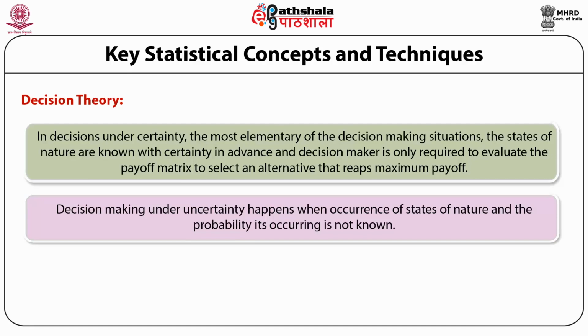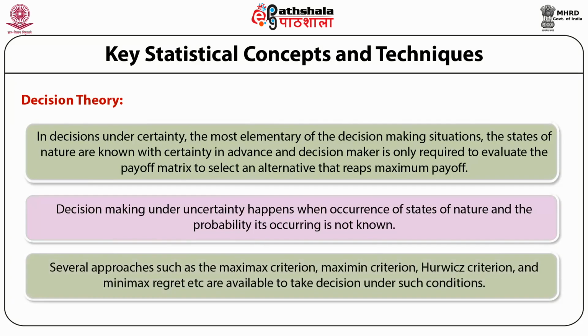So largely on hunch and experience people take this kind of decision, whereas in decision under risk, which means partial uncertainty, managers may have tentative probabilities assigned to the outcomes and their respective payoffs. There are several approaches to solve problems of uncertainty, like the maximax criterion, maximin criterion, Hurwicz criterion, and minimax criterion.